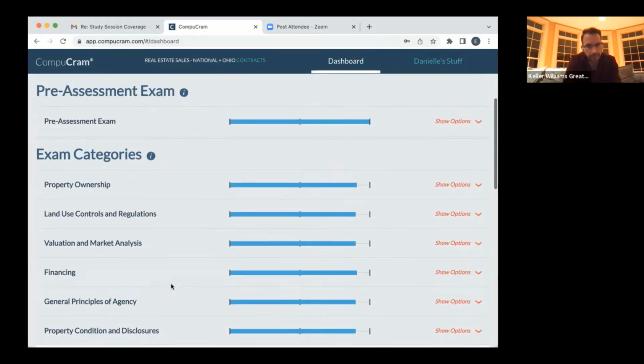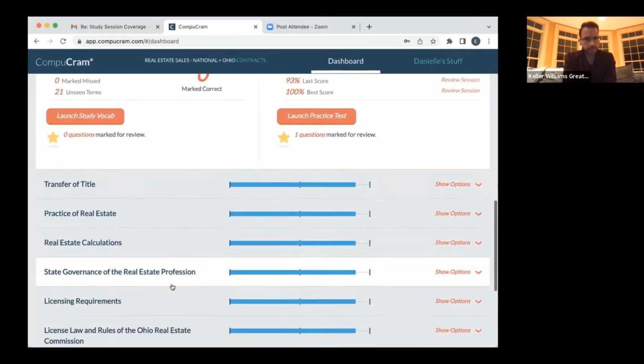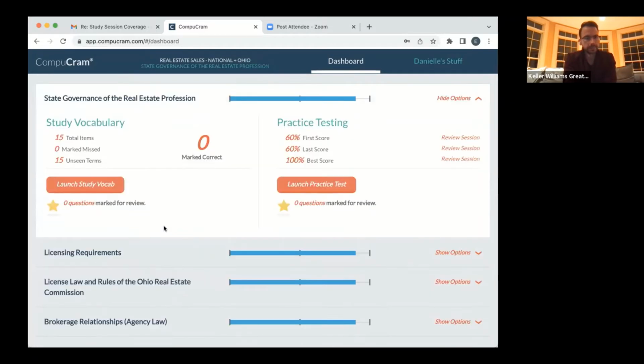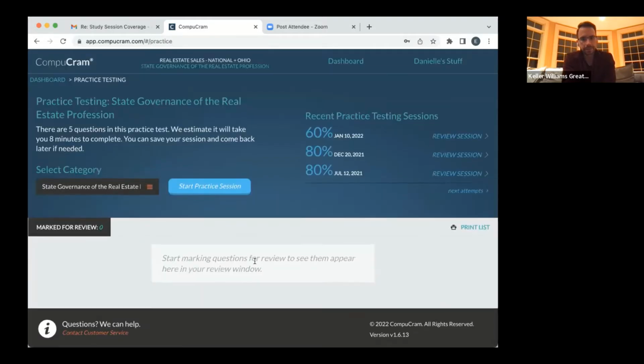Go into an exam, financing, state governance. Agency law, I saw next, so we will go into that. All right. Here we go.